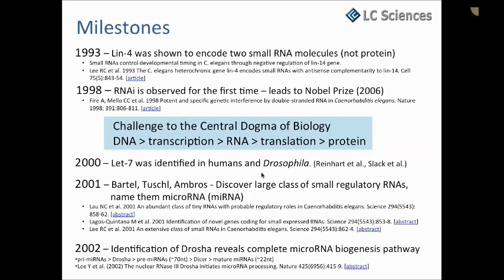That was in Slack's lab. The microRNA was let-7. Starting from 2000, the early 2000s, the pace really accelerated. In 2001, Bartel, Tuschl, and Ambros discovered a large class of small regulatory RNAs, and that's when the name microRNA was actually born.